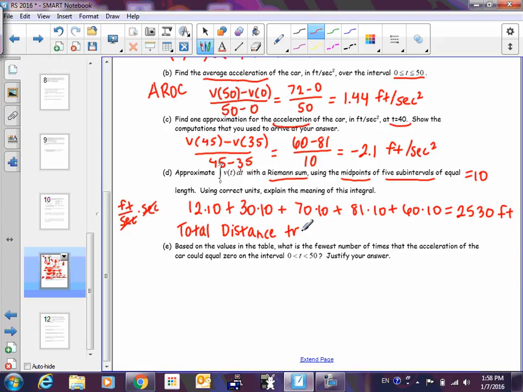So total distance traveled, and then there's one other thing I need to put here. It's not like this is just for all time. This is only on this specific interval. So I need to write the interval. It's on the interval 0 to 50 seconds.